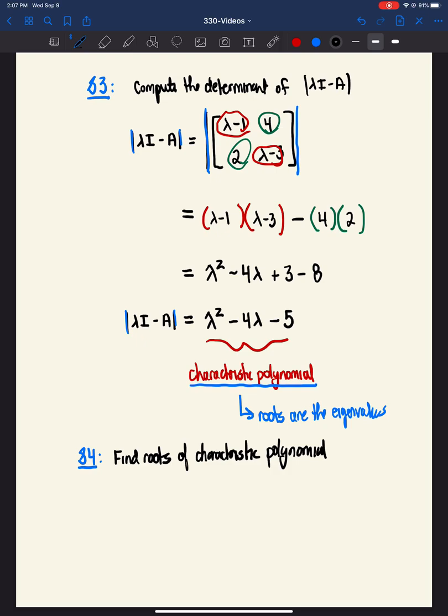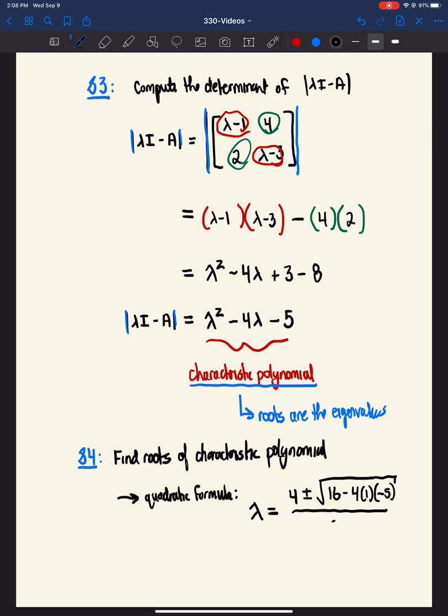So our characteristic polynomial in this case is lambda squared minus 4 lambda minus 5. Let's just use the quadratic formula. If we use the quadratic formula here, we have lambda equal to minus b, so in this case minus minus 4 or plus 4, plus or minus the square root of b squared, which is minus 4 squared, so 16, minus 4 times a, which is the coefficient of lambda squared, which is 1, times minus 5.